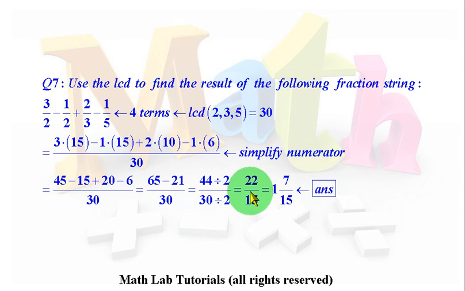And again, it's improper, so we can go to a mixed fraction. 15 goes into 22 once with 7 remainder, so we write down 1 and 7 over 15 as the mixed fraction equivalent of 22 over 15.